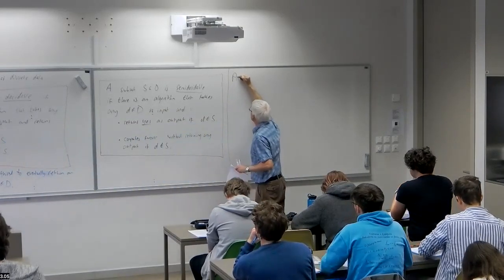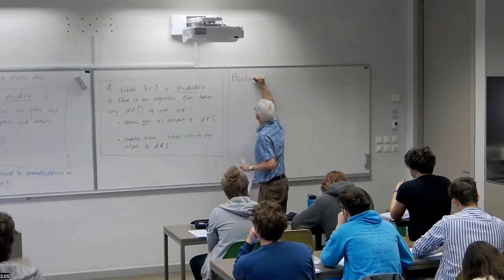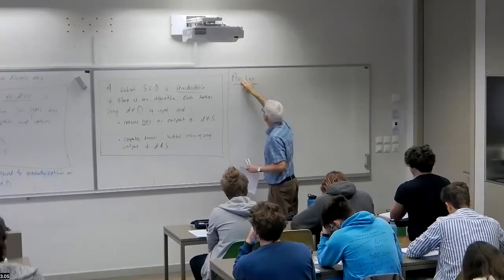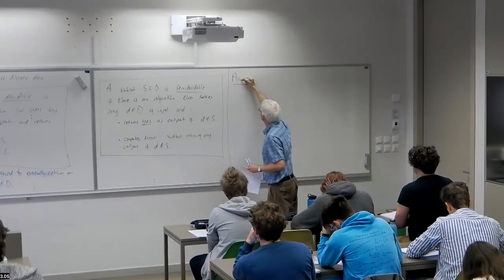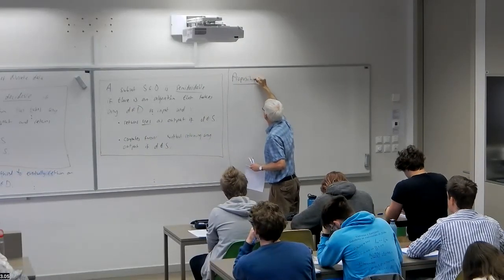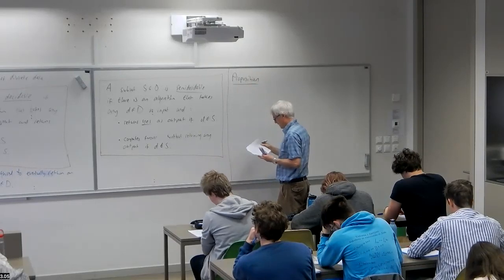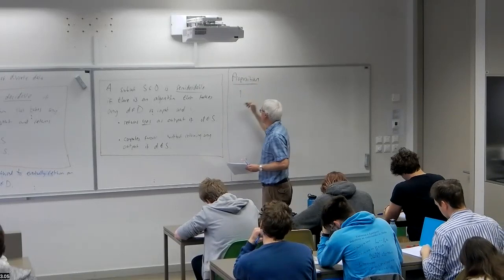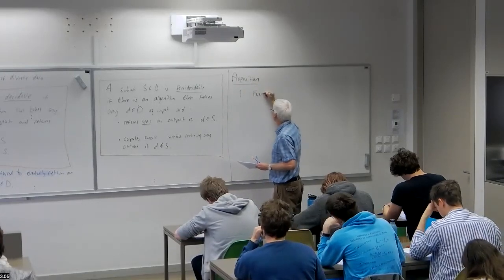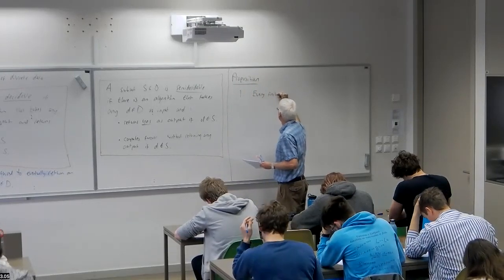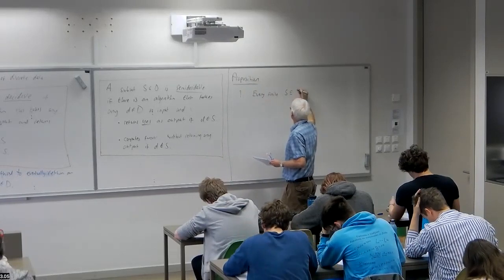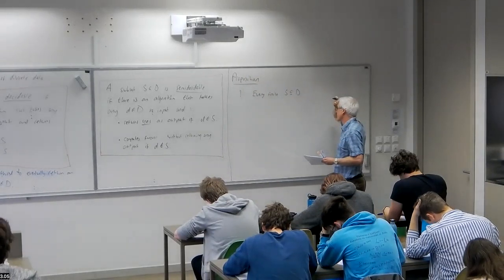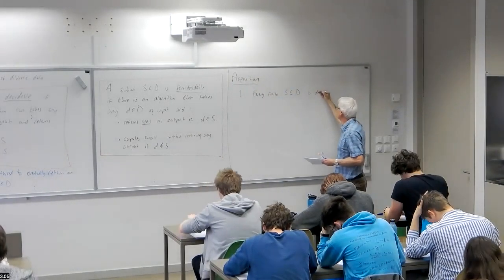For the purposes of this course, we don't need to go into it in that much detail, but we do need the following proposition. Firstly, every finite subset of your set of data items is decidable.